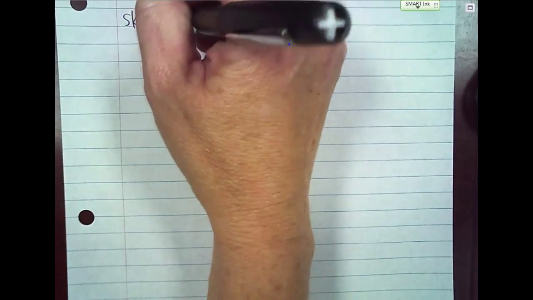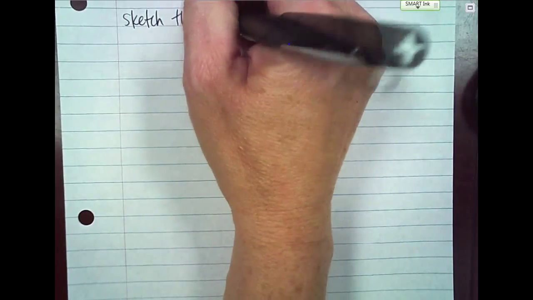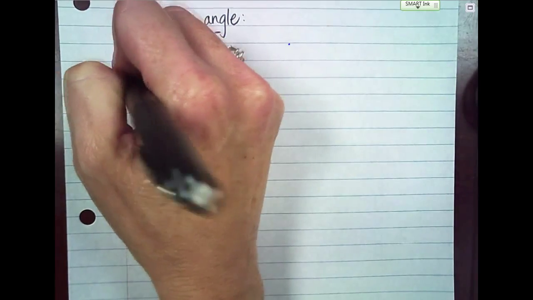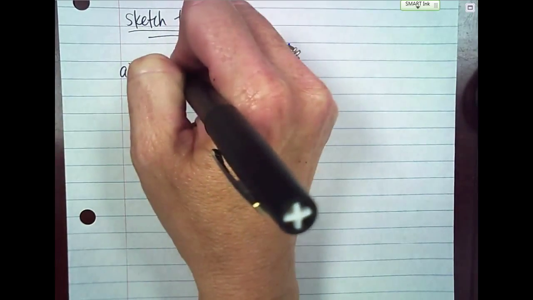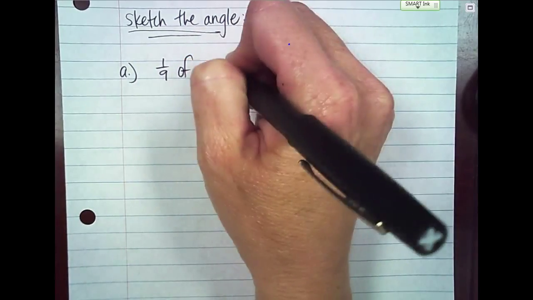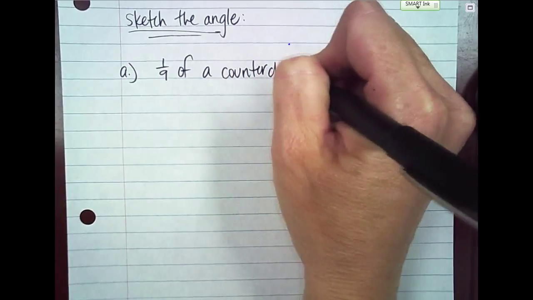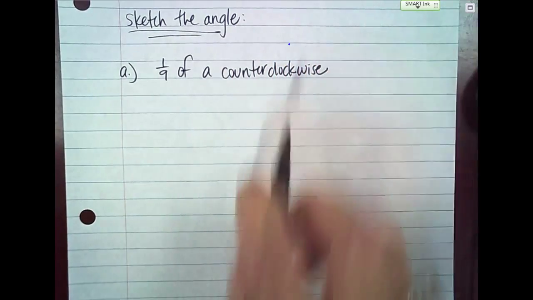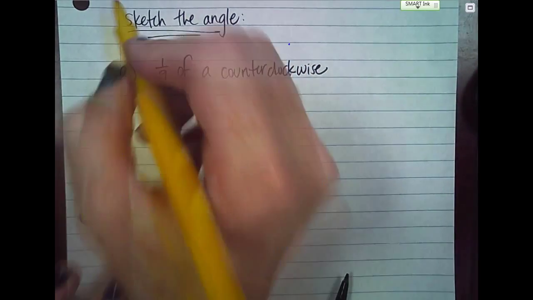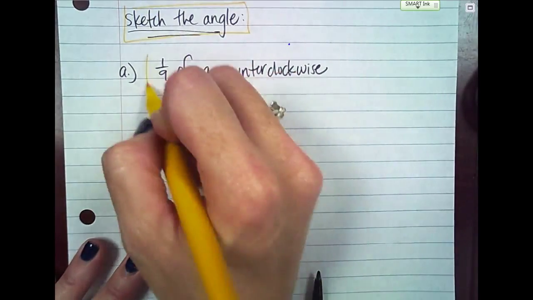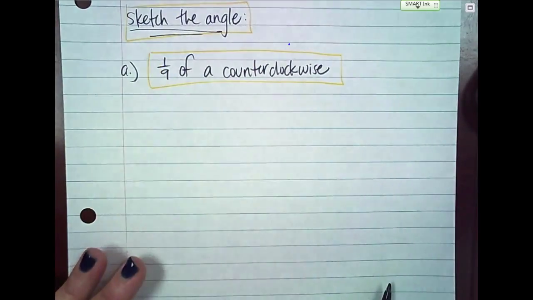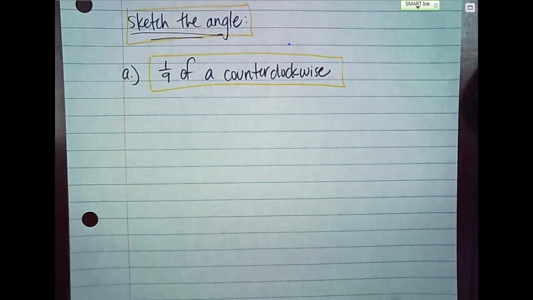Here's the next one. We should sketch this angle. We don't have a calculator, which I'm going to assign you a number to a calculator today, but sketch the angle. Here's A. What if I told you 1/9 of a circle counterclockwise? I'm going to go 1/9 counterclockwise, right?